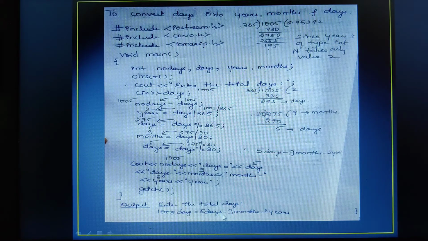Again stream insertion, then months. The month's value we calculated is 9, so months will be replaced with 9, followed by months hyphen as a static string, and then followed by years. How many years did we get? We got 2, and then followed by years. So this is how you need to convert the days into years, months and days.